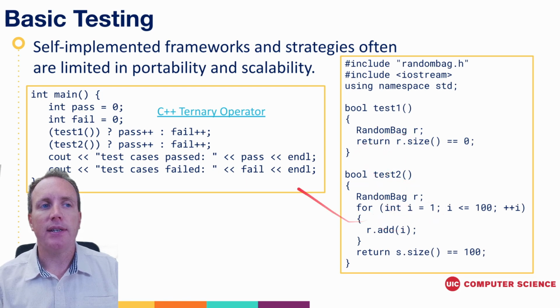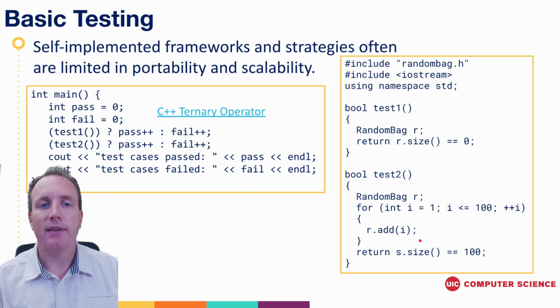We have test1 and test2 called in the ternary operator, and all they do is execute some basic setup. So this tests the constructor and the size function, and then test2 attempts to test add by adding a bunch of things, 100 things to be precise, to the random bag, and then goes about testing the size again.